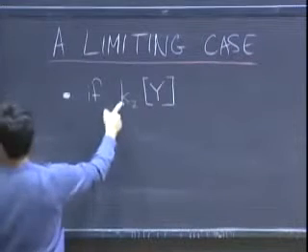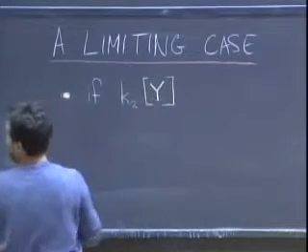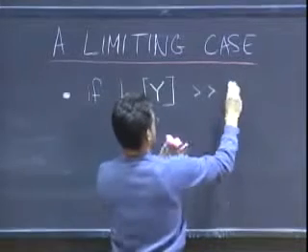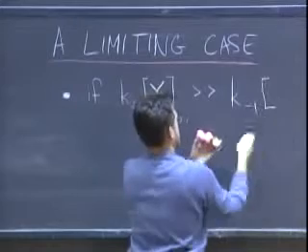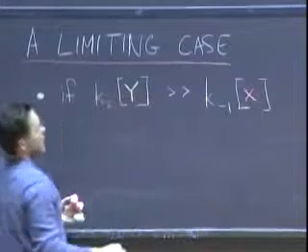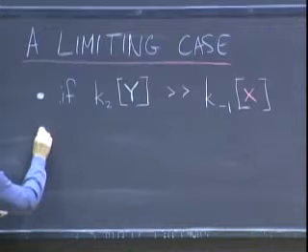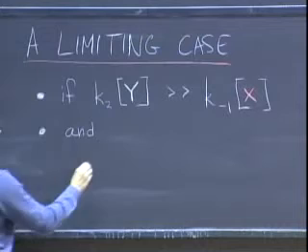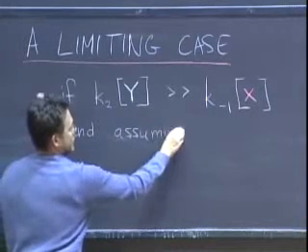If K2 times Y, and I'll stick with the green color for Y, is much greater than K minus 1 times X, the concentration of X, that corresponds to a limiting case. Okay? We're also going to make another assumption here. We're going to say assuming complete reaction.